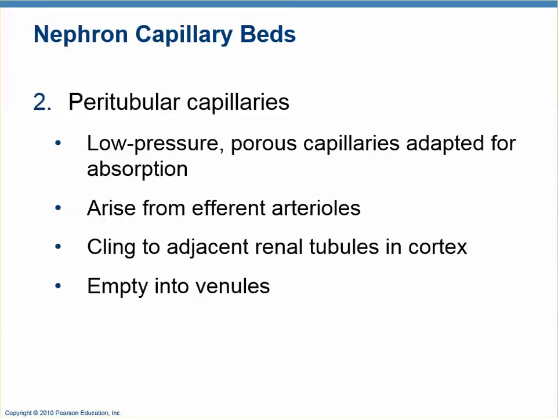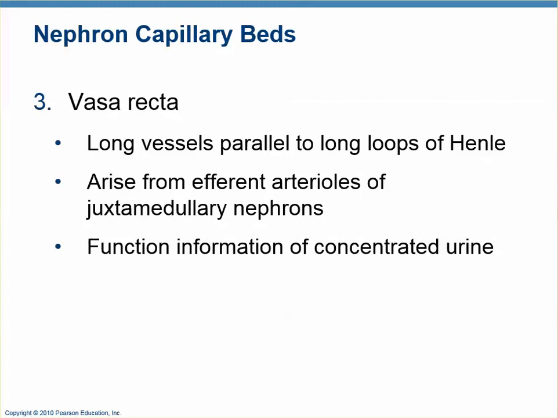The peritubular capillaries are very porous, and they're adapted for absorption. And they're right on the renal tubules in the cortex. And they're fed by the efferent arterioles, by the blood that's been leaving the glomerulus. The vasa recta, as we saw, are long and parallel to the loop of Henle.